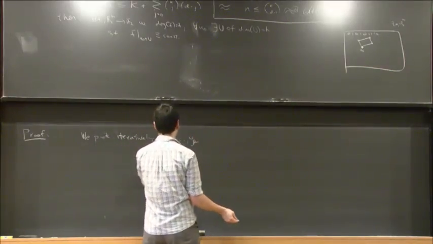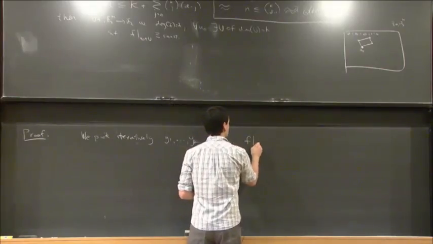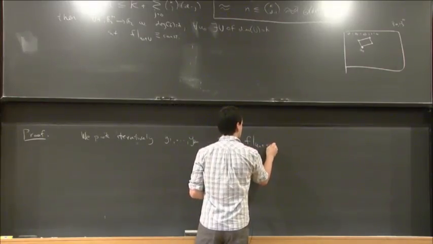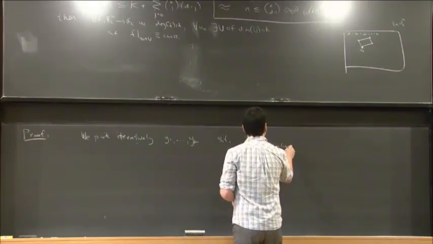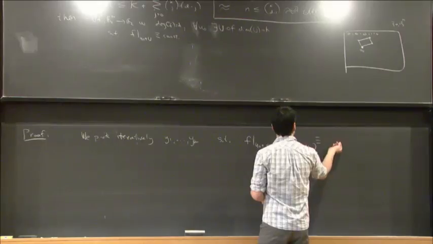So we pick iteratively y1 up till yk such that f on u0 plus the span of y1 up till yk is constant.